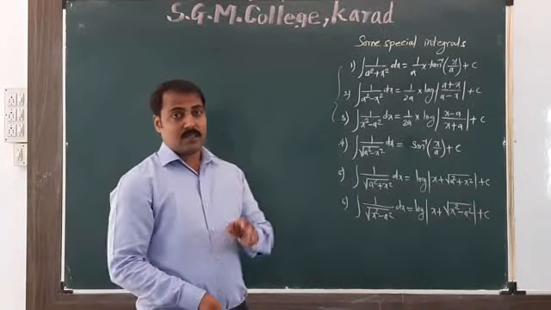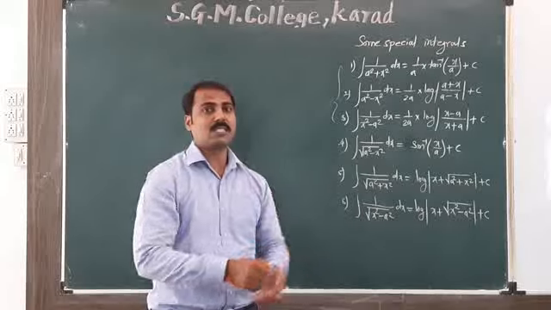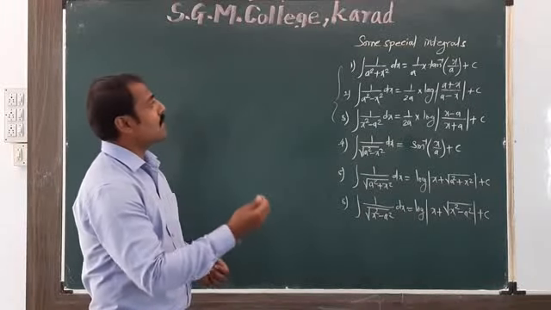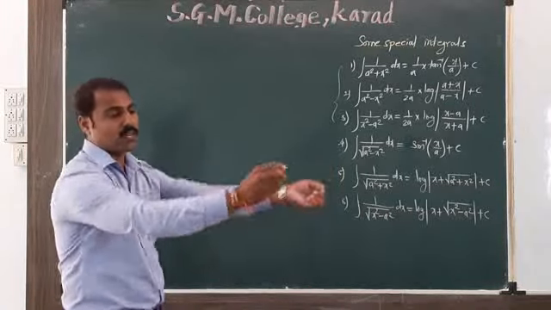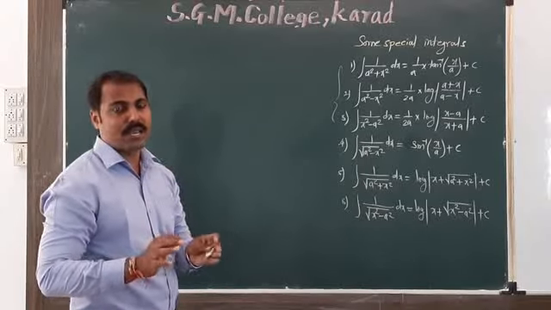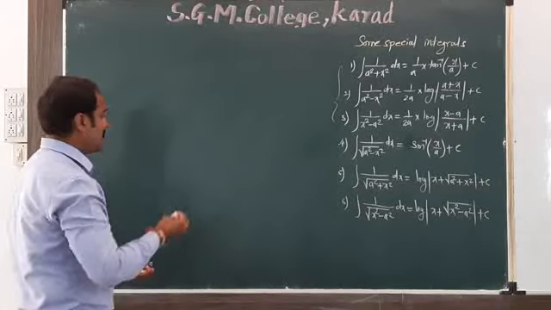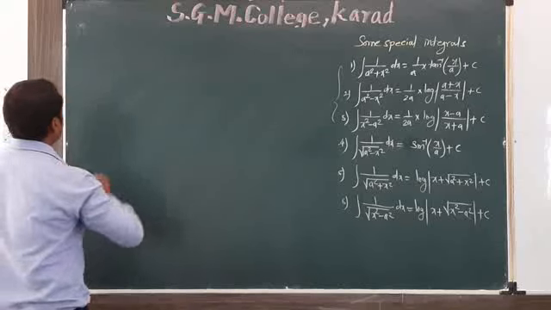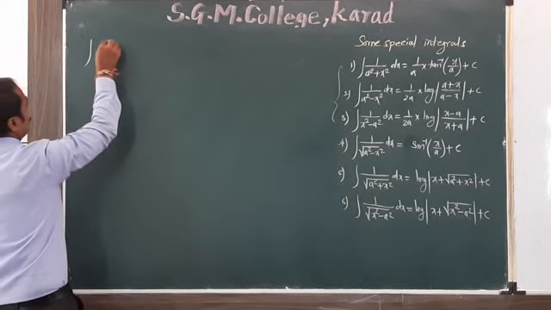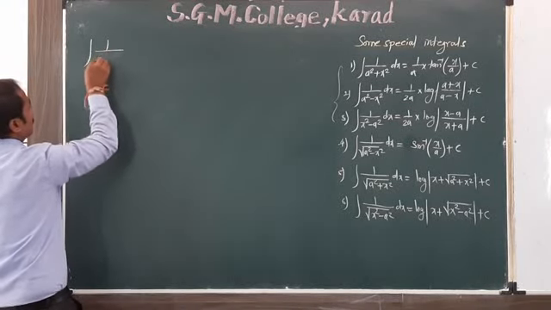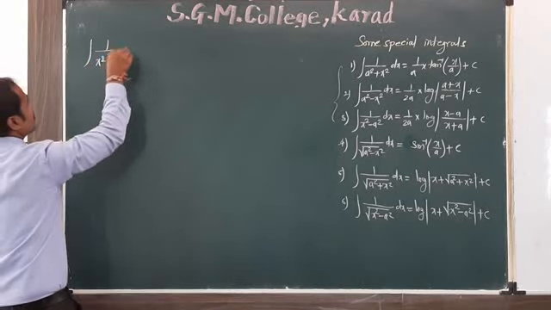In this video we solve some examples on special integrals, starting with some simple examples for understanding the formulas. The first example is: evaluate the integration of 1 upon x square plus 9 dx.